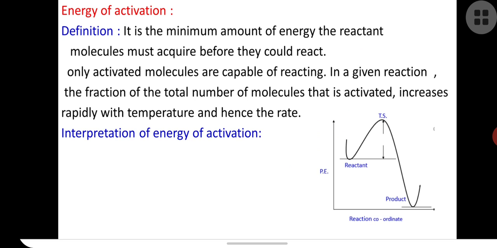In a given reaction, the fraction of the total number of molecules that is activated increases rapidly with temperature and hence increases the rate of reaction. It is seen that the rate of reaction at a given temperature is decided by the energy of activation. For each reaction, the existence of an activated complex characteristic of the reaction can be assumed.